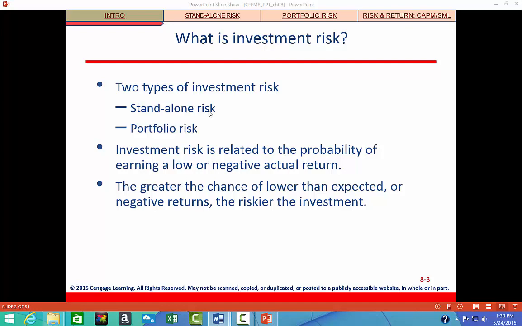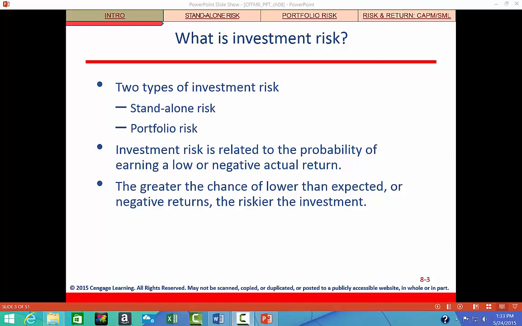So standalone risk is much higher, and then portfolio risk is just the risk that you face by having a portfolio of stocks. In other words, portfolio risk is the chance that the combination of assets within an individual group of investments fail to meet financial objectives. And in theory, portfolio risk can be eliminated by successful diversification.